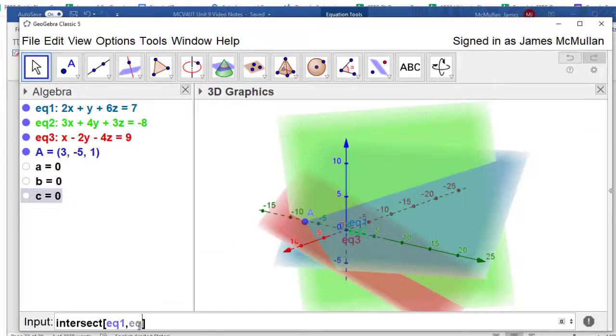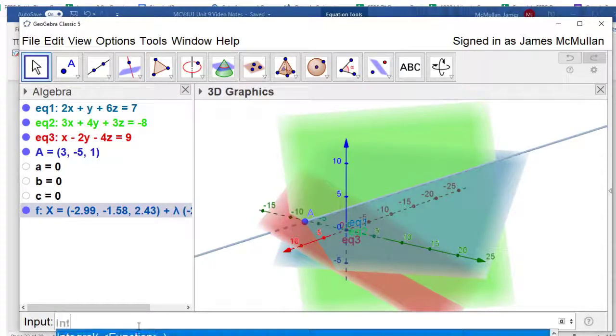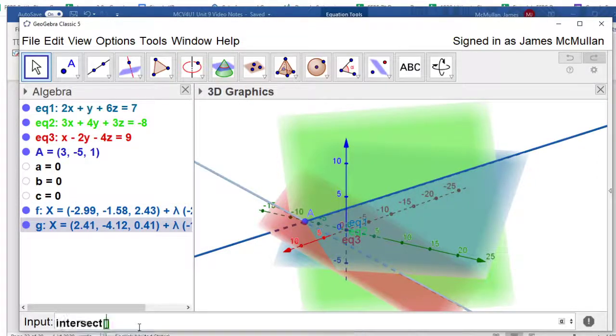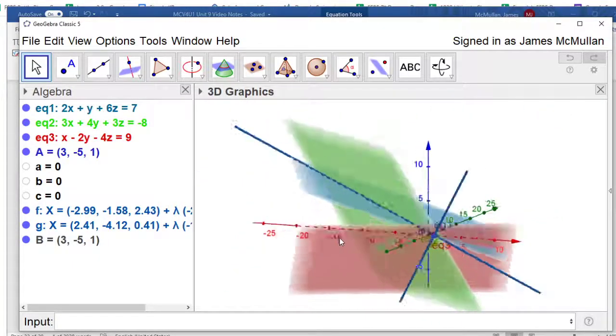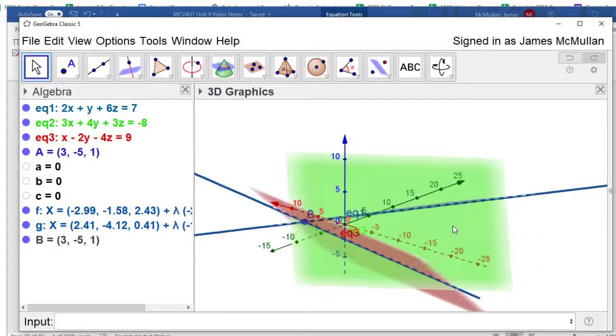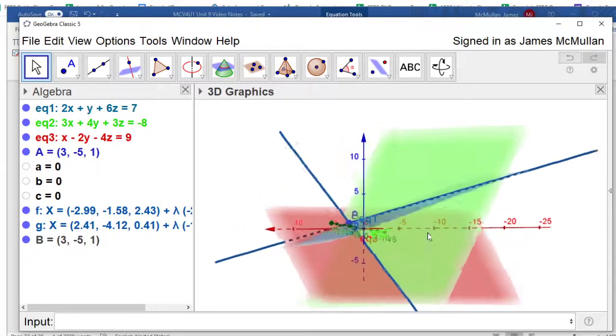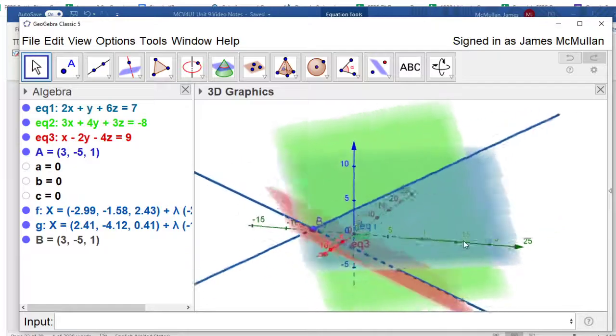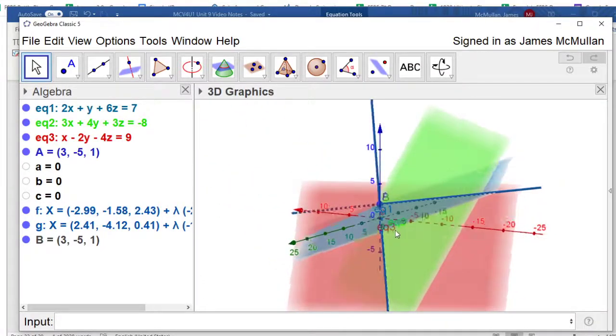So what you would do is you'd intersect plane 1 and plane 2, then you'd intersect plane 2 and plane 3, and then you'd intersect those two lines. And that's another way you could get to 3, negative 5, 1. If you intersect the two planes separately, get their two lines, and then find where those two lines cross, that's another way that you can get that answer.